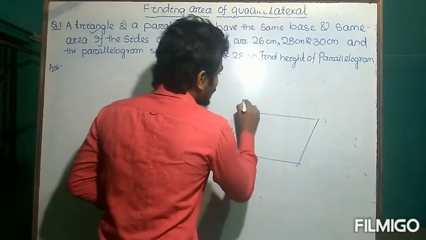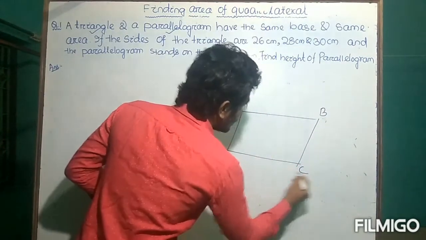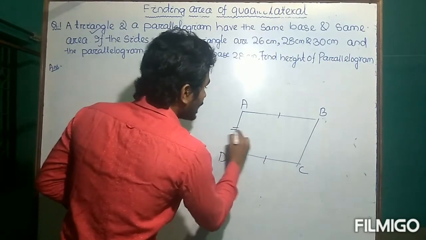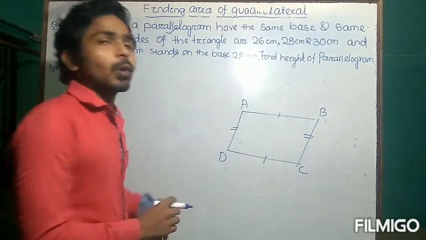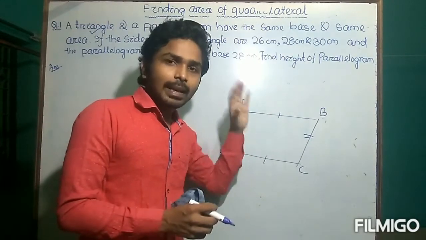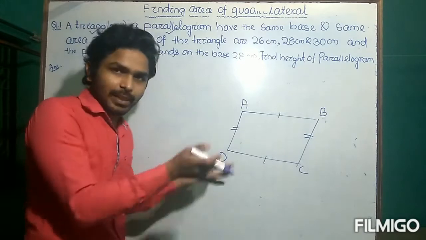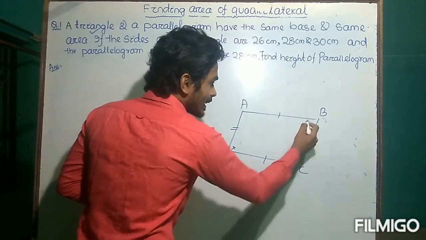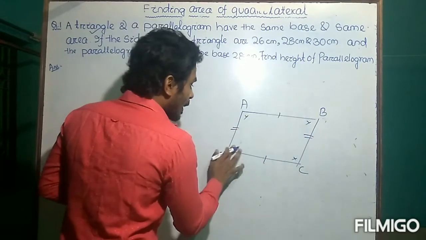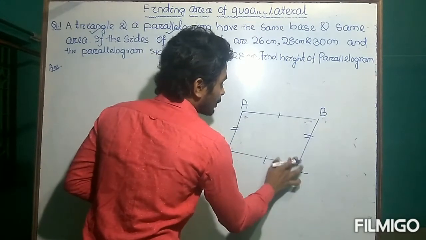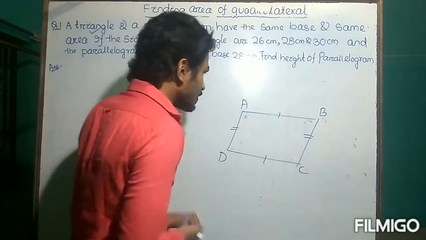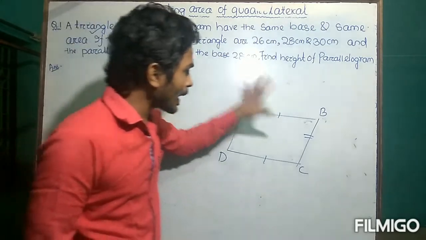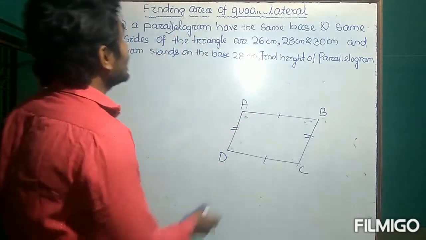In this parallelogram, these two sides are equal and these two sides are equal, but all the angles are not 90 degrees. This angle is not 90 degrees. So this is a parallelogram. There are also other conditions of a parallelogram, but we do not need those conditions here. We only need to know the parallelogram.